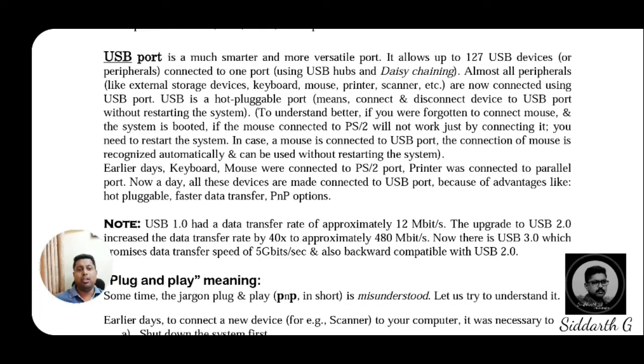In USB 3, the transfer speed is around 5 gigabytes per second, and it is also backward compatible with USB 2. So this is the classification and properties of a USB port.